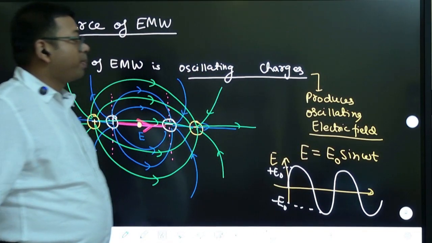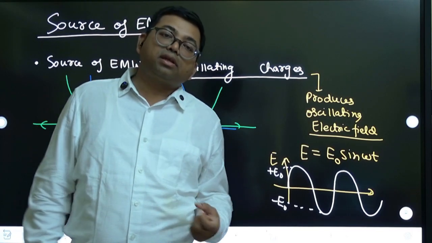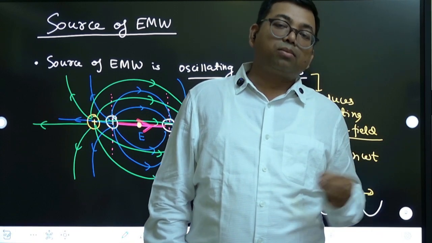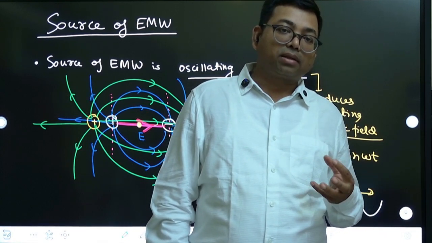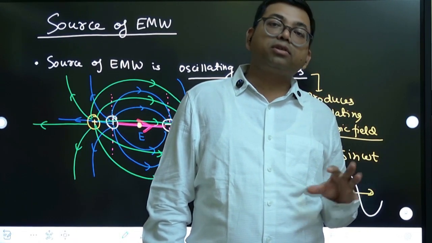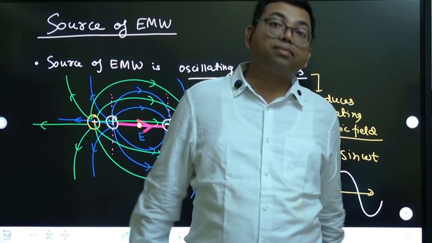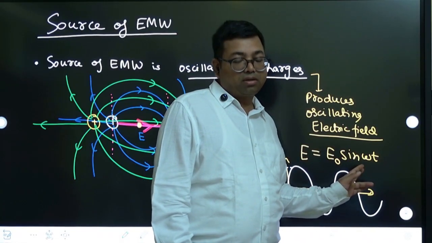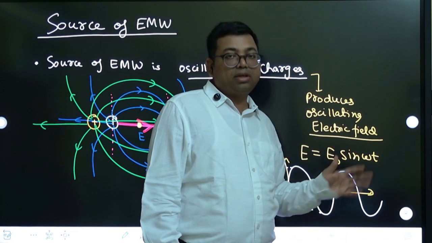Electric field is not a particle which can oscillate like a block or a mass in a spring mass system you have studied, but oscillating electric field means the electric field value changes in a sinusoidal manner. That's a changing electric field.